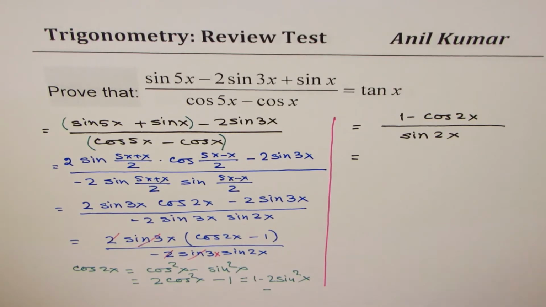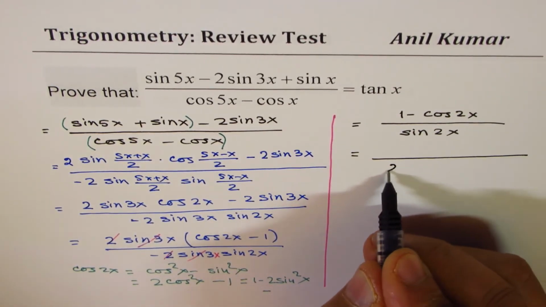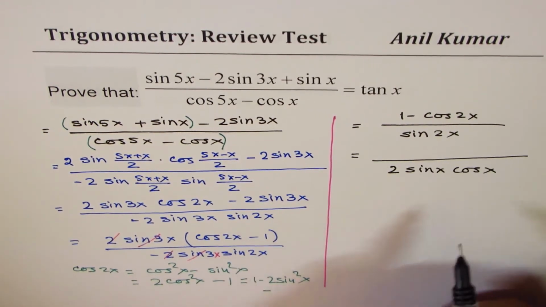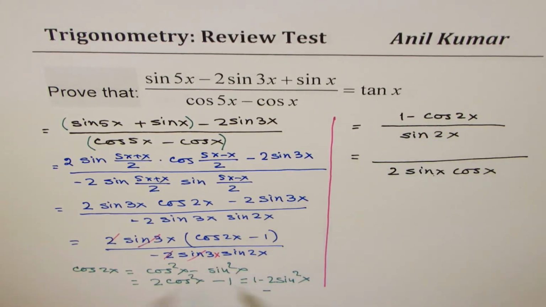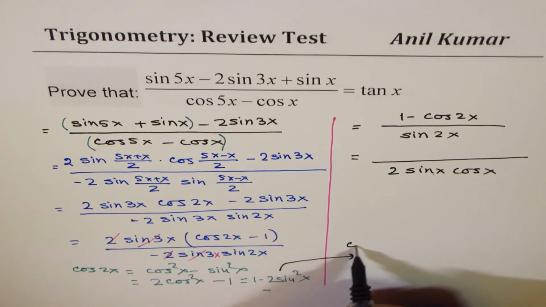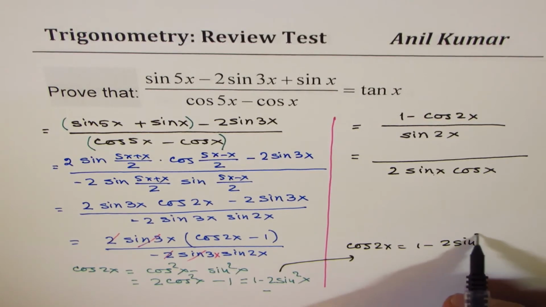Now, which one to apply? We will do the denominator first. Sine 2x is just one formula, which is twice sine x cos x. Now, for 1 minus cos 2x, if I use this formula, let's rearrange it: cos 2x equals 1 minus 2 sine square x.